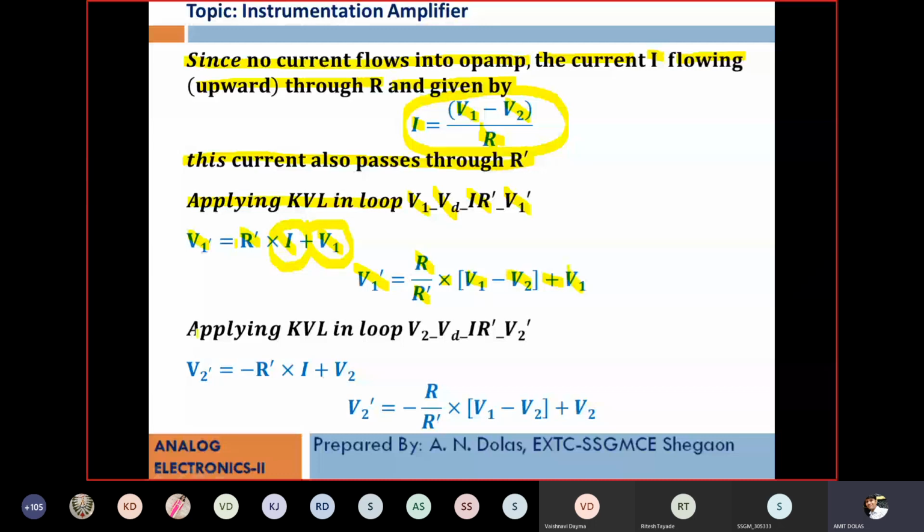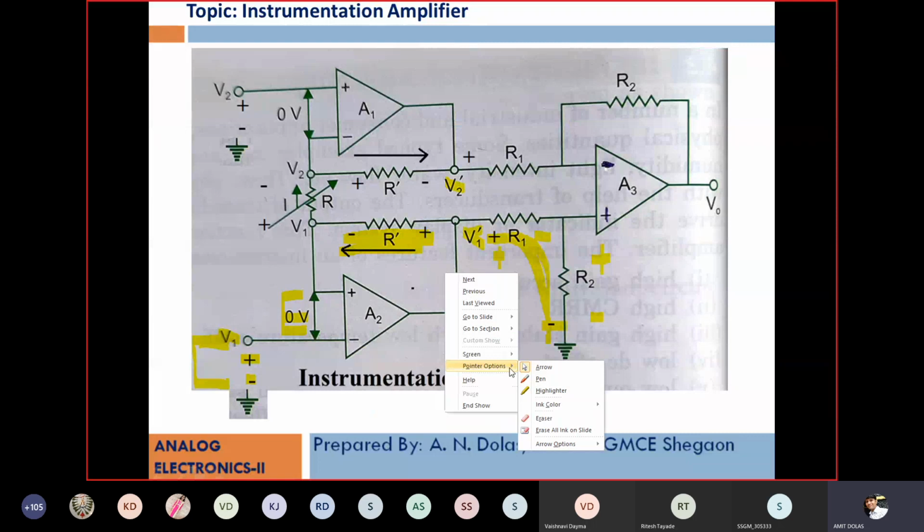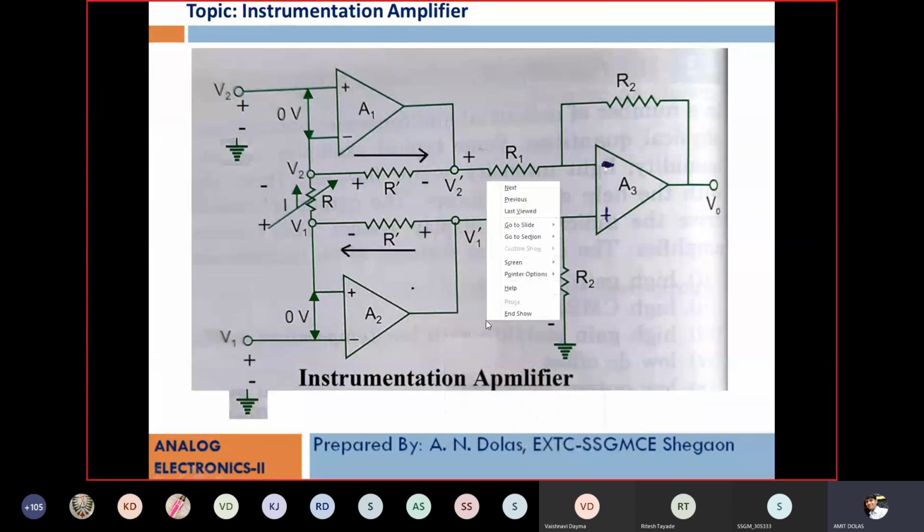Similarly, applying KVL into the loop V2, दूसरे source, दूसरे op amp में V2, VD, IR, that is voltage drop across R dash and V2 dash, यहाँ पे KVL लगाना. We'll see that KVL points into the diagram. So where we have applied KVL here, minus plus ये वाला V2 जो कि यहाँ पे अप्लाई है, then ये वाला ऐसे आ रहा हूं मैं, ऐसे KVL लगा रहा हूं.